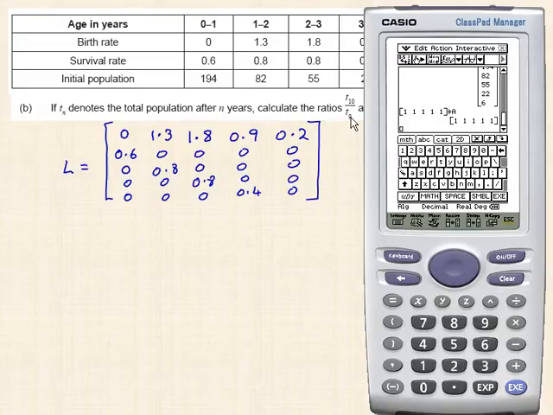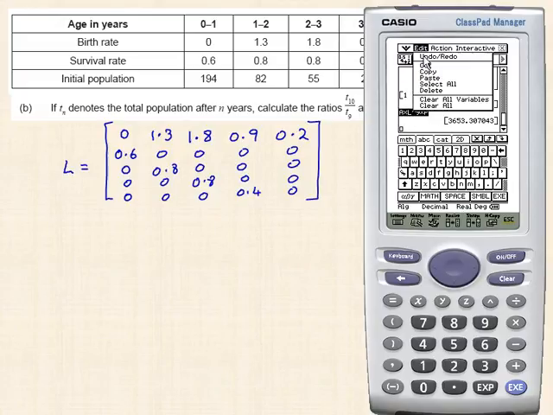Now, to get T9, what we need to do is take our matrix A and multiply that by L to the power 9, and multiply that by P and execute, and it gives us this one here, 3653, and so on. Now it's a good idea just to copy that.